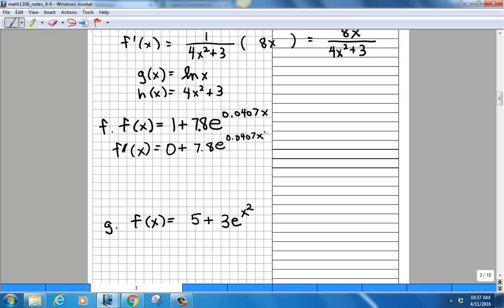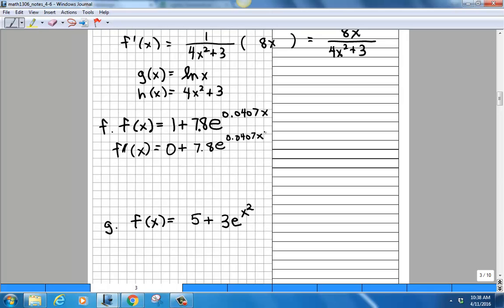But here's the one little catch. If the power were just x, then you would be finished. But this power is a little bit more complicated, Albert, than just x. So this is where the chain rule comes in. You have to finish this off by multiplying in the rate of change of that power. So what is the rate of change of 0.0407x?